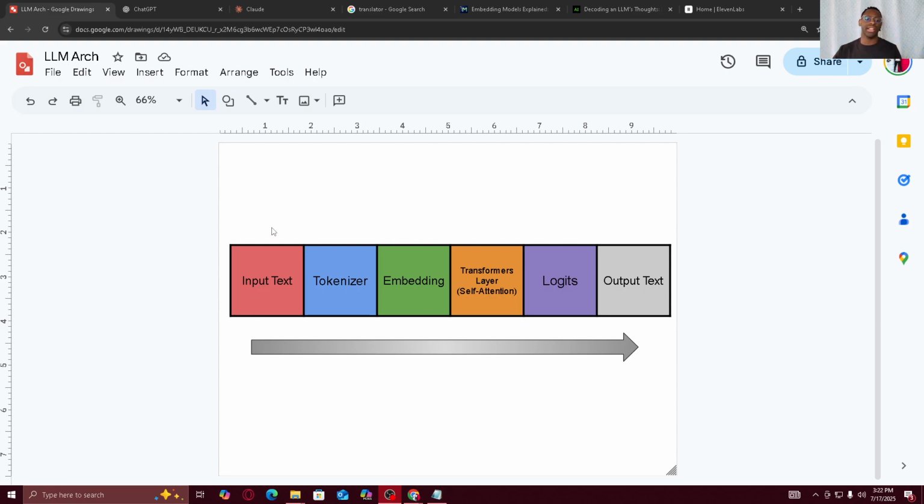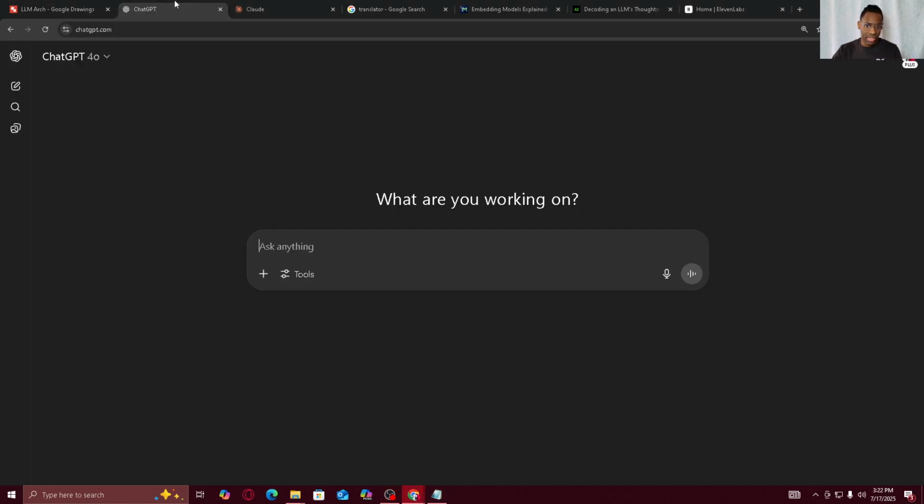Okay, so input text. Input text is essentially the question you're asking it, right? The text you're sending it, the answer you're saying, the random word you're saying, the book you're sending it, but in text form, okay? Keep in mind, LLMs are text models, okay? So if I'm typing, that is the input text.